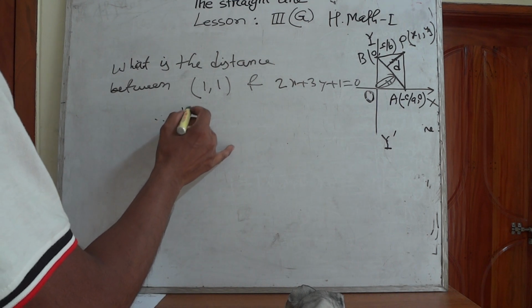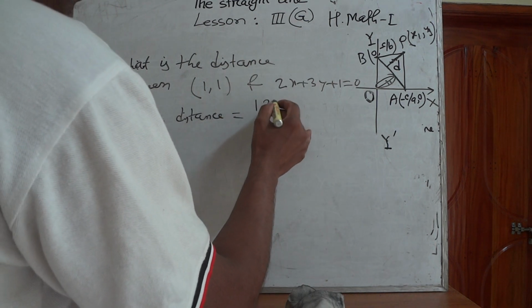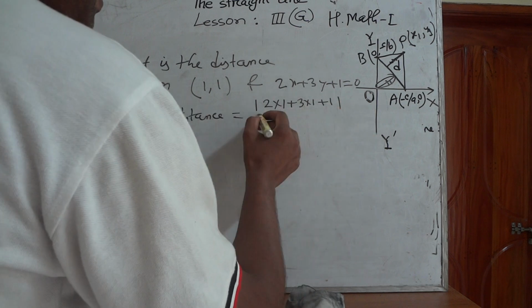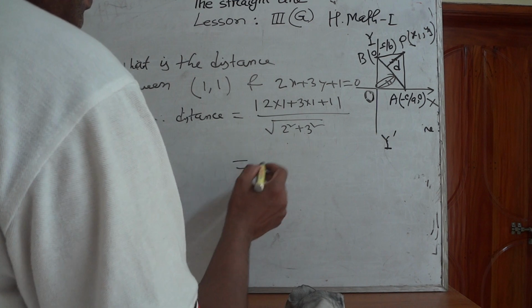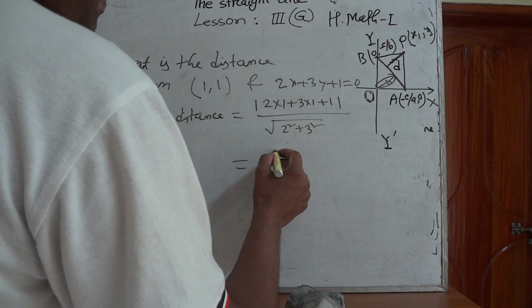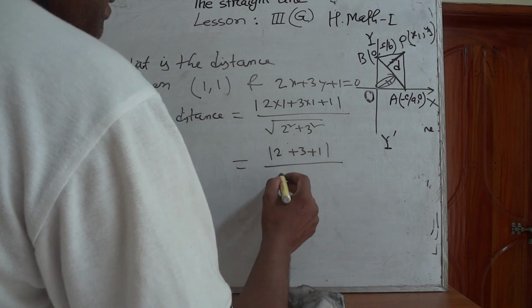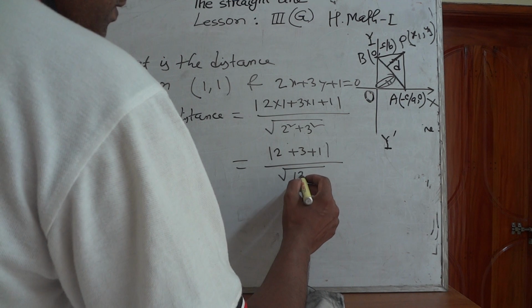Therefore, distance equals the absolute value of 2 into 1 plus 3 into 1 plus 1, divided by square root over 2 square plus 3 square. And this equals, you can write, 2 plus 3 plus 1 absolute value, divided by square root over 4 plus 9, which is square root over 13.